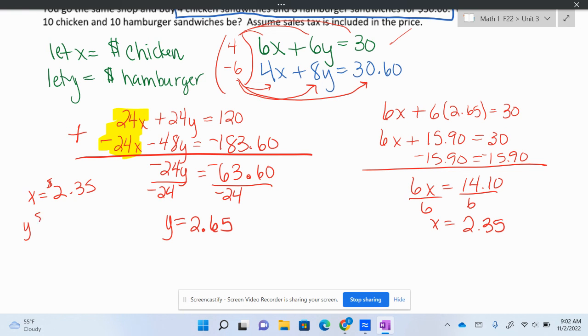And a hamburger costs $2.65. And the question is, how much is it going to cost for 10 each? So 10 times 2.35 plus 10 times 2.65.